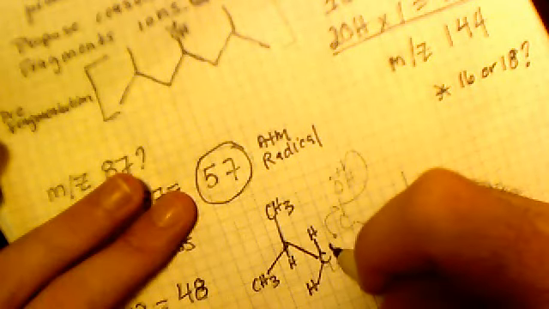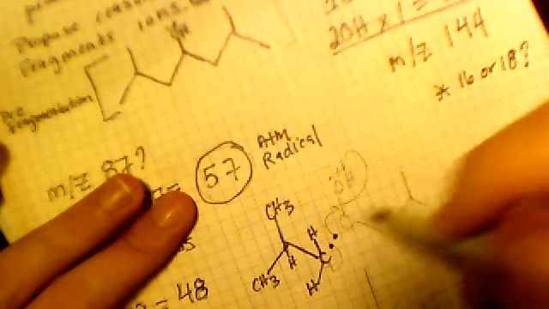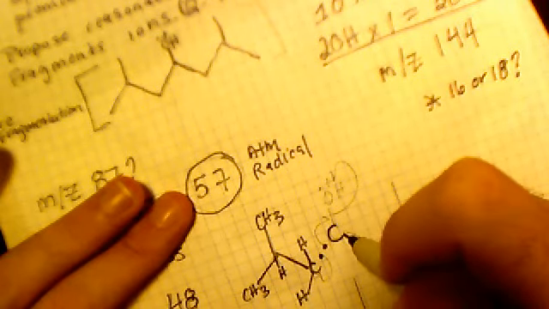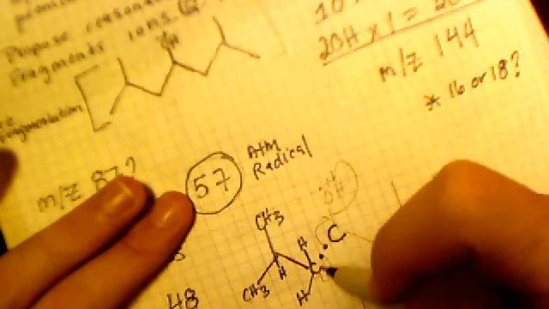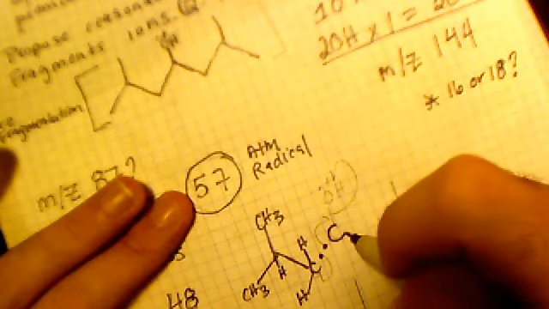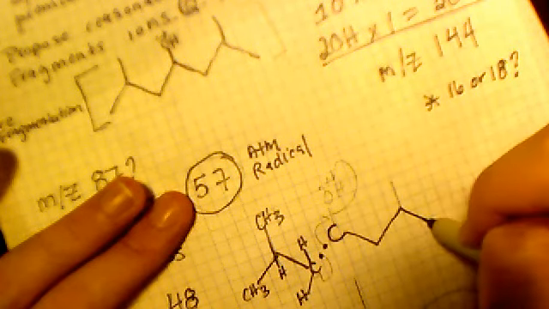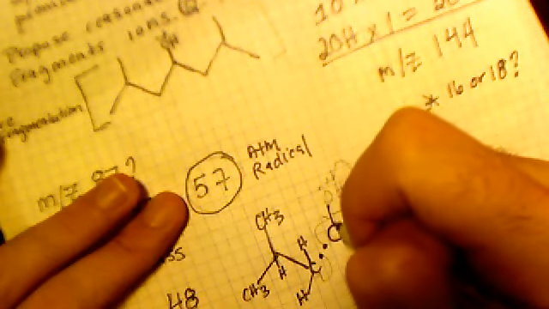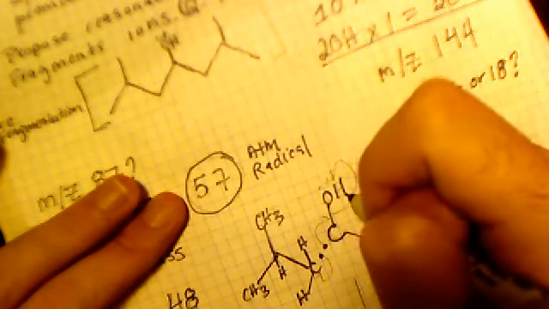Then I wanted to show the mechanism of how this happens. In between the other carbons I wrote the double bond, it's 2 dots, and this comes over here, and this went over here too.